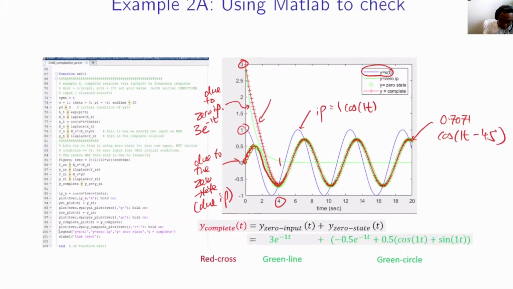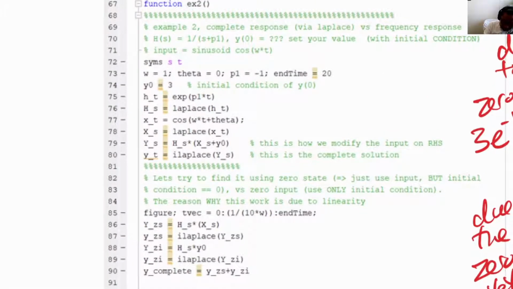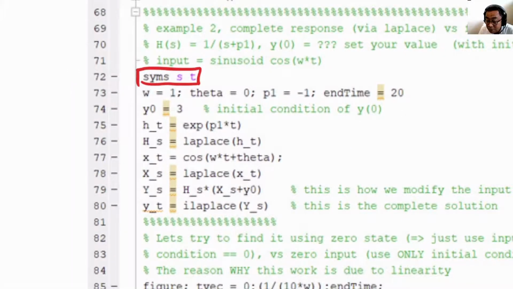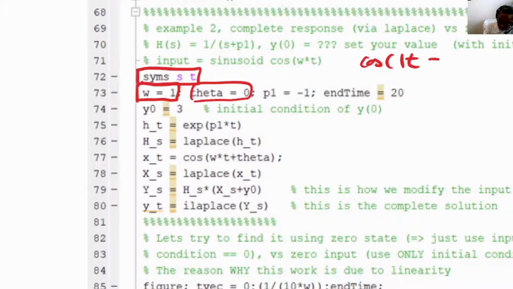Right, how do I solve this? Let's see this. Again, I use the symbolic toolbox for MATLAB, and I set omega equals 1 for cosine 1t, and theta equals 0 means plus 0, so we can ignore plus 0.